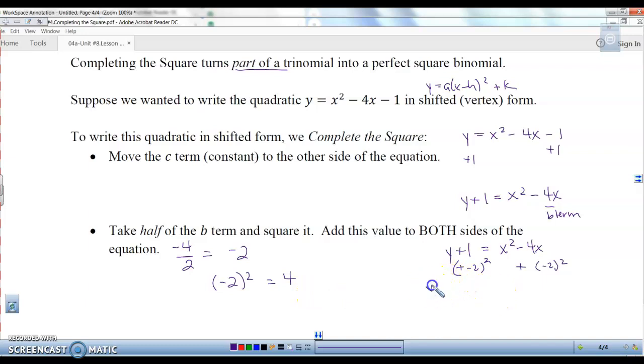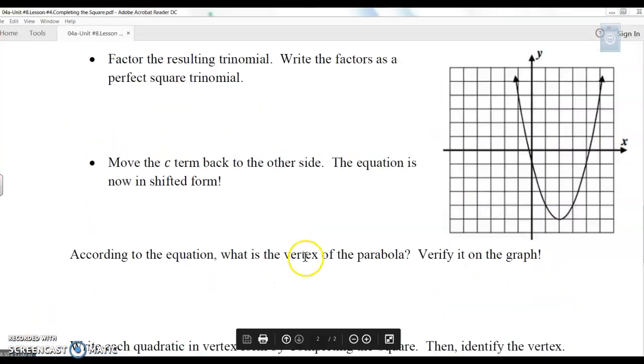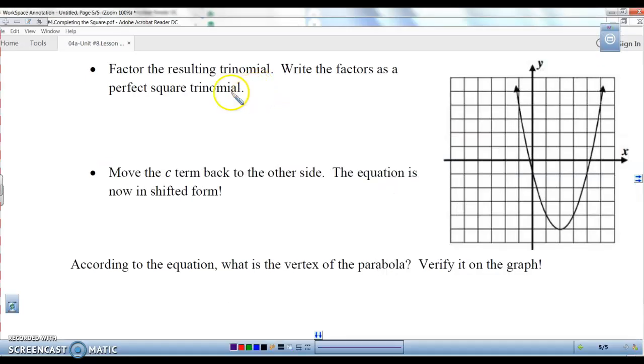So this is going to be y plus 1 plus 4 is equal to x squared minus 4x plus 4. So if you combine, y plus 1 plus 4 is just going to be y plus 5. Okay, so now we want to make this into a perfect square trinomial. All right, so we ended up with y plus 5 equals x squared minus 4x plus 4.